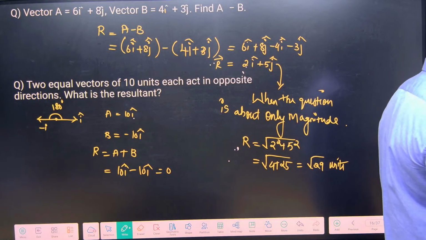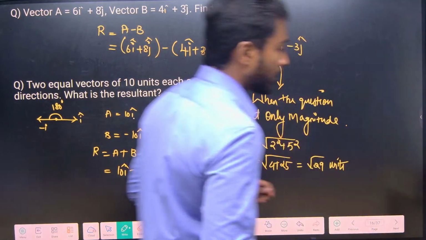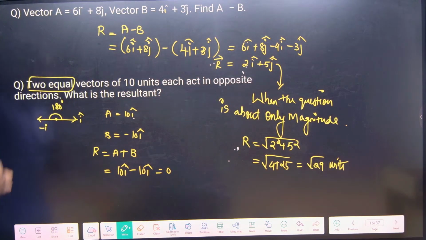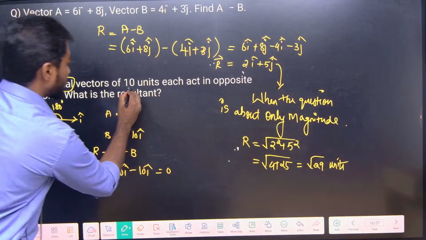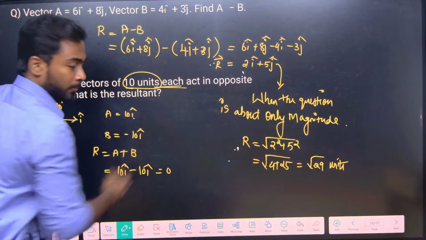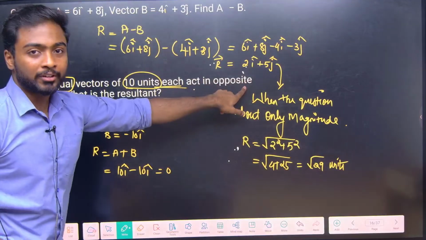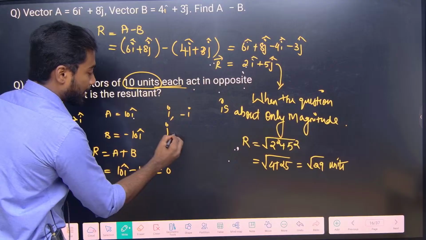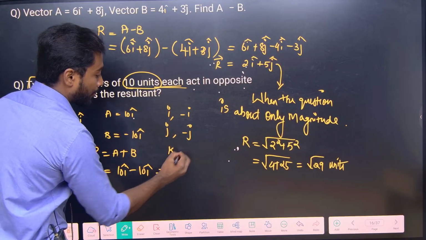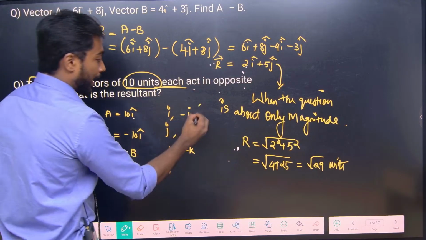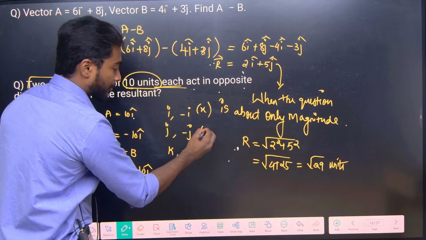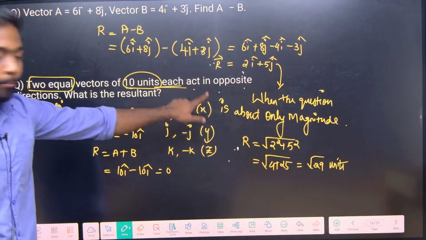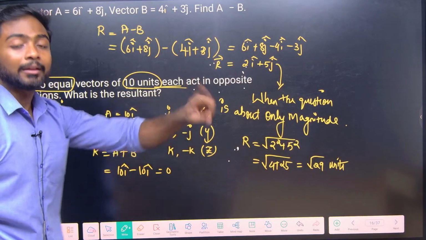So please tell me once again. See, here it says two equal vectors which are of 10 units each act in opposite direction. Either I can take i and minus i, j or minus j, k or minus k. What is it? i is nothing but the x axis, j is the y axis and k is the z axis. And i means positive x axis, minus i means negative x axis.